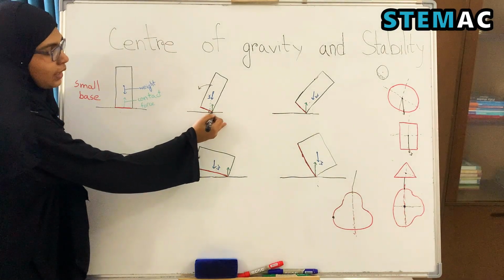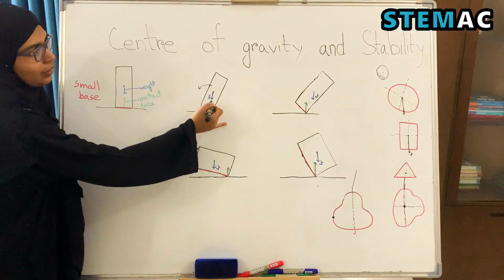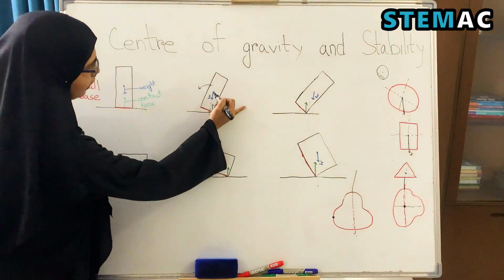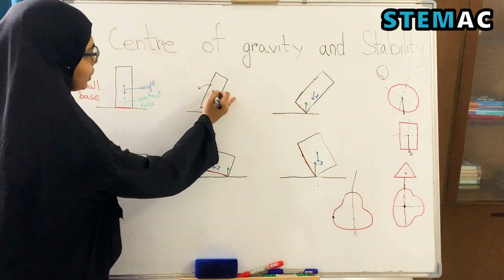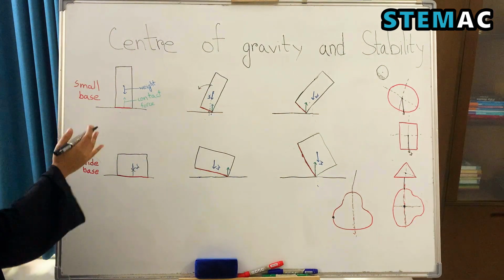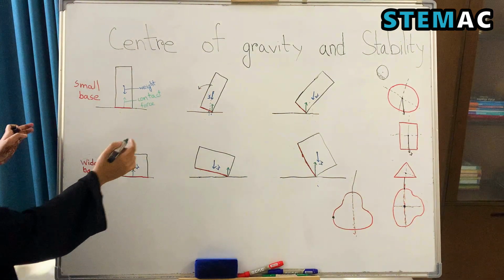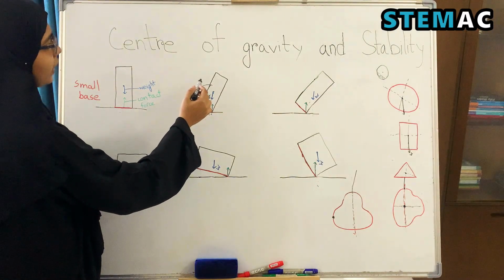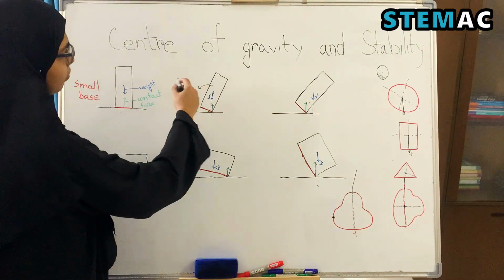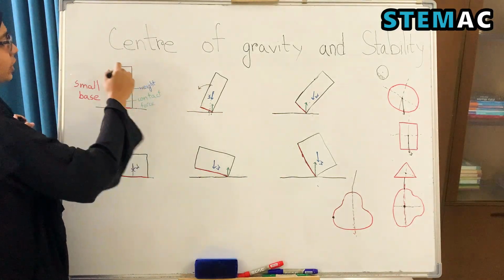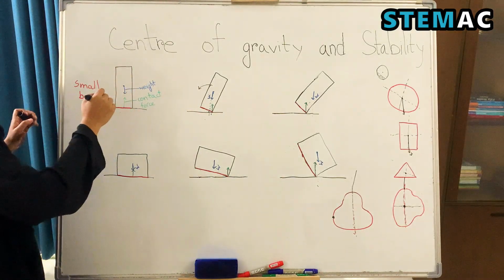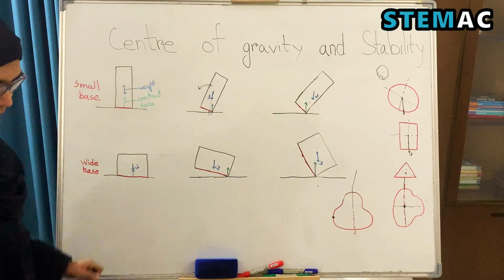This is the pivot now. As the weight force is acting on the left of the pivot, there will be an anti-clockwise turning effect, and the object will return to its original position.